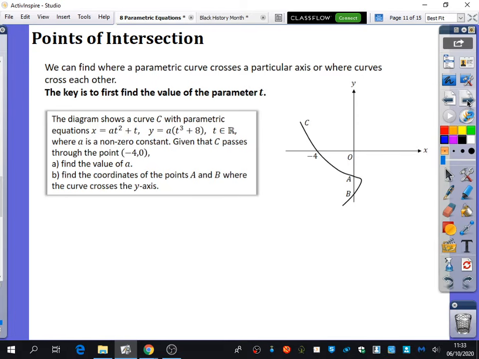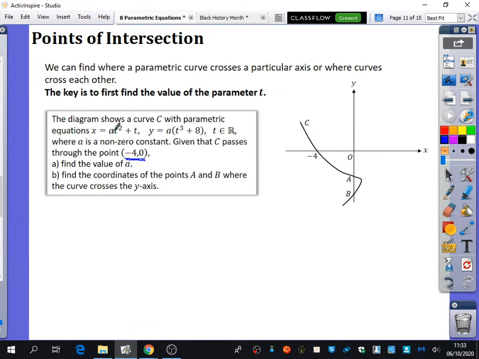Okay, so if we have this coordinate -4, 0, going right back to basics, what does this actually tell me if the curve is going through -4, 0? Yeah, when y is equal to 0, x is equal to -4.